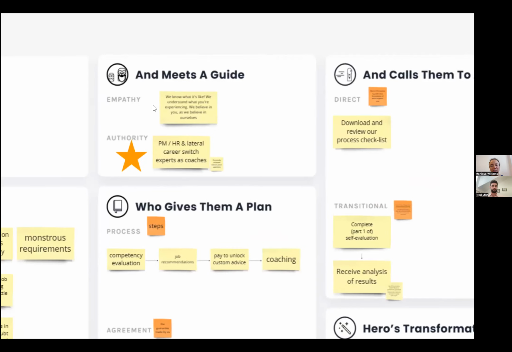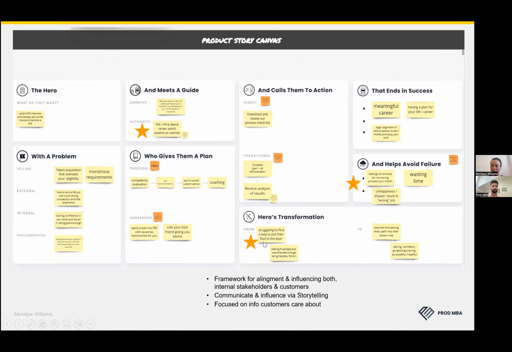With authority, we have product management and HR experts that can help transform our users from struggling to find their path and feeling frustrated to feeling more assured and paving their path into that dream role, and thereby helping to avoid those feelings of remorse for not having pursued their dream.